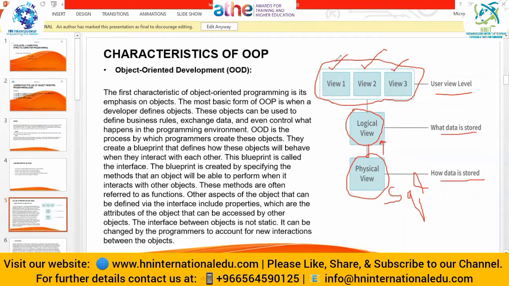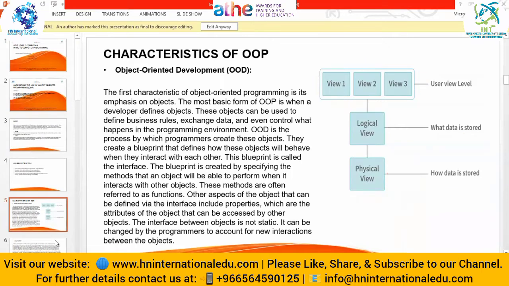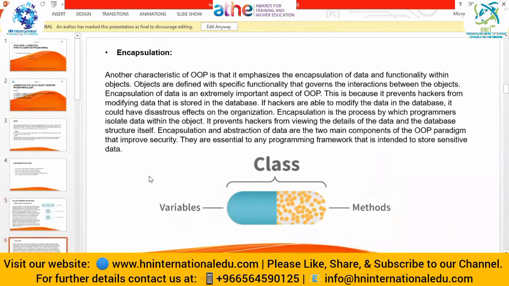Clear? Yes, miss. Okay, next we have encapsulation. Now, what is encapsulation? Another characteristic of object-oriented programming is that it emphasizes the encapsulation of data and functionality within the objects. It combines all the data and all the functionality which is linked with that object.